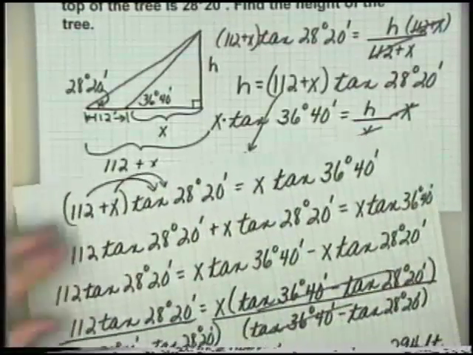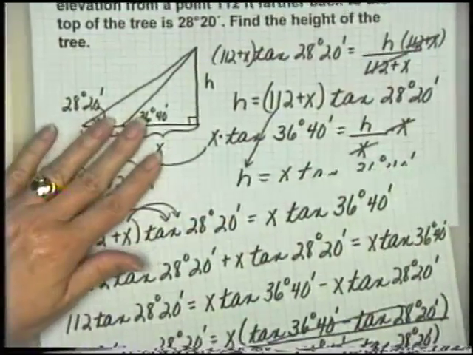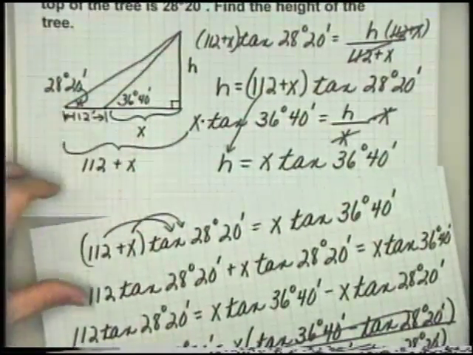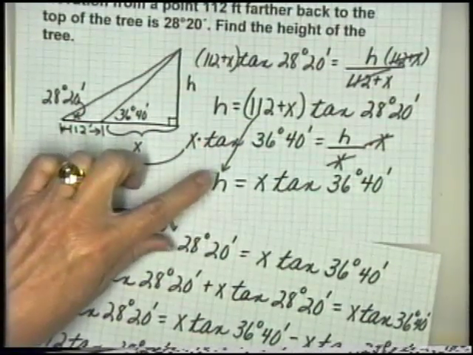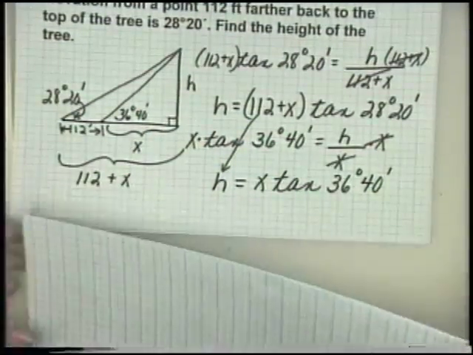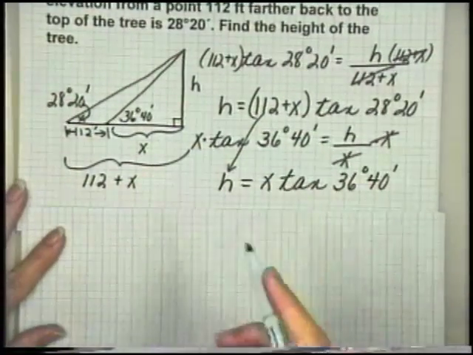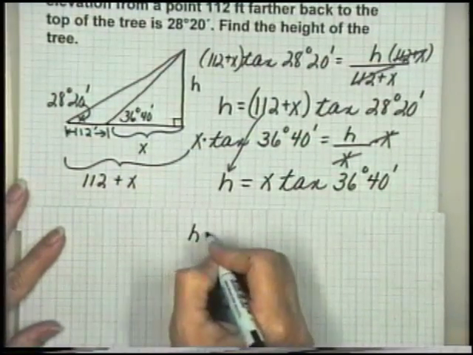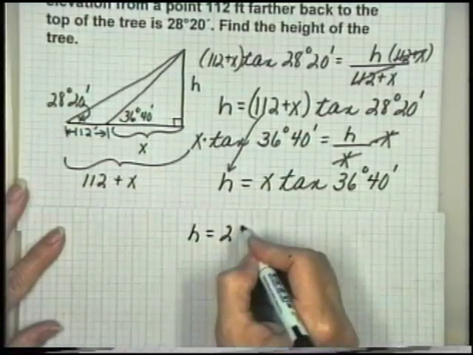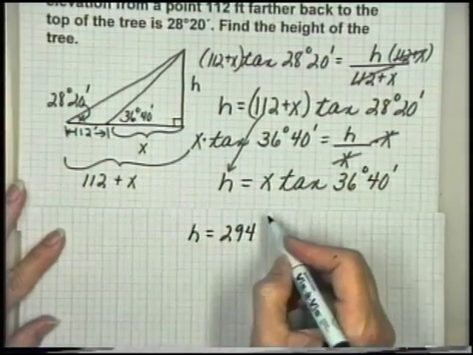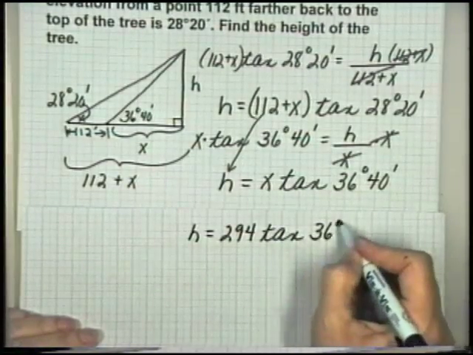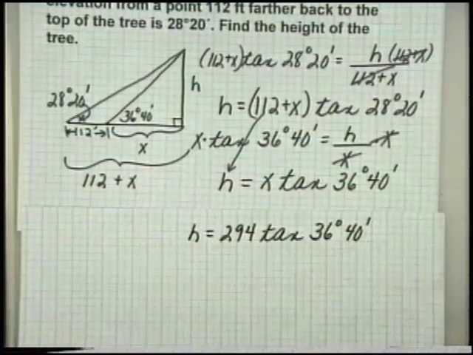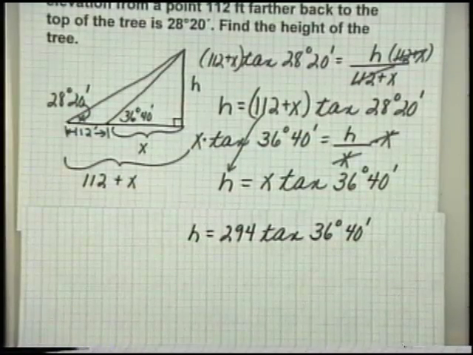We know that x is 294. Let's go back. We can either use this relationship or this relationship, and I believe that this one would be the easier. So h equals, let's put 294 in for x, so it'll be 294 times the tangent of 36 degrees, 40 minutes.